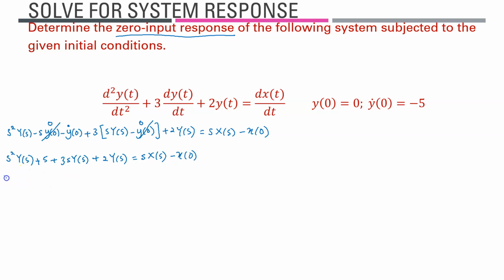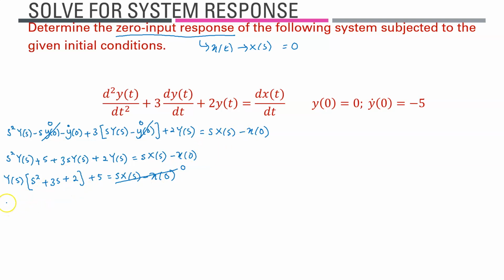If I take Y(s) out, you are left with (s squared plus 3s plus 2) plus 5 equals minus x(0). Now at this point, we know that for zero input response, it means that the input, which is X(s), equals 0. So this part here, which is representing the input, equals 0.